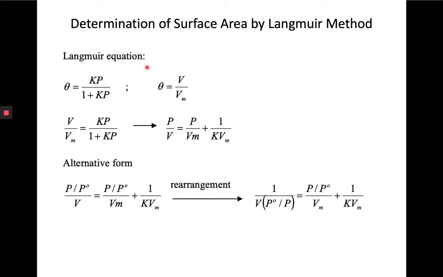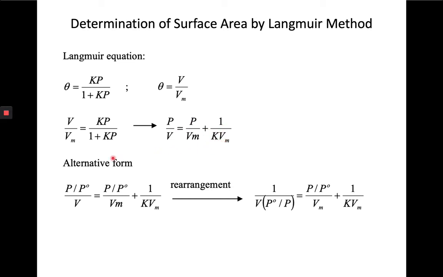Okay, as we know, the Langmuir equation, theta equals Kp over 1 plus Kp, where theta can be expressed in terms of the volume of gas adsorbed, V over Vm. Then rearrange the equation. We get P over V equals P over Vm plus 1 over KVm.